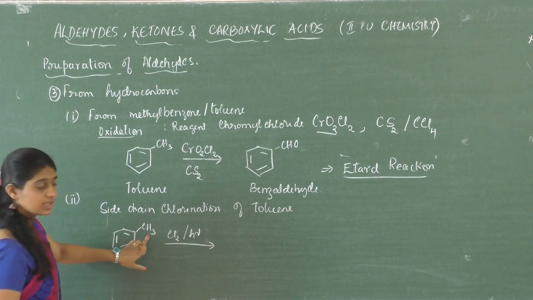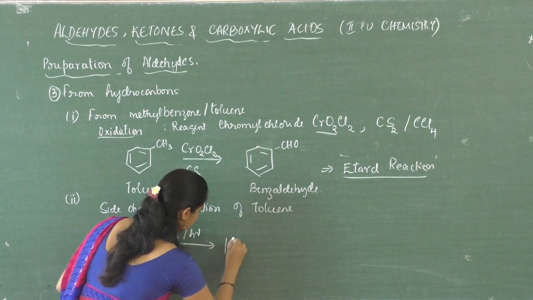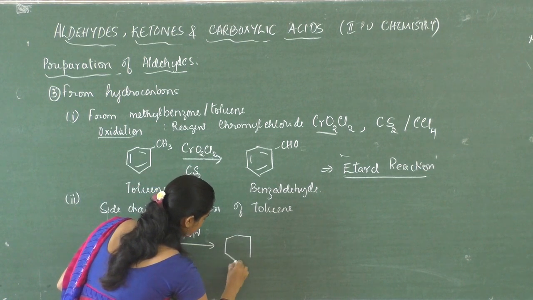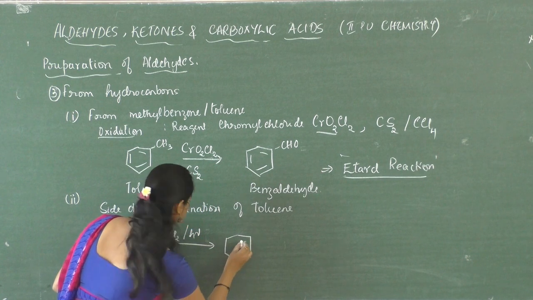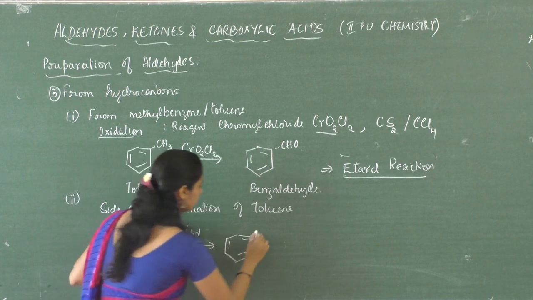So hydrogen atoms are replaced by the chlorine atom. So two hydrogen atoms are replaced.